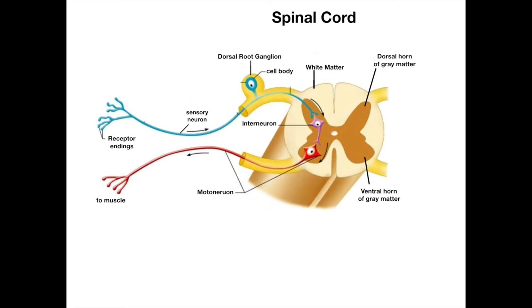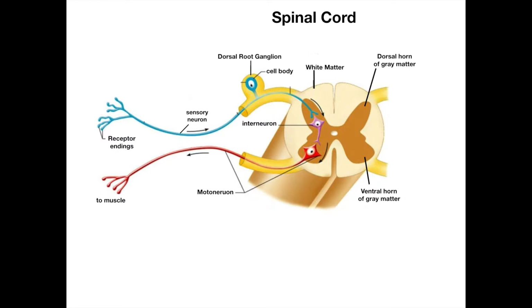The basic organization of the spinal cord is illustrated in this slide. Notice the spinal cord has a butterfly-like area shown in brown. This region should not be brown, but rather should be gray. Indeed, it is referred to as the gray matter because it is made up largely of the cell bodies of neurons, which give a gray appearance in unstained tissue.